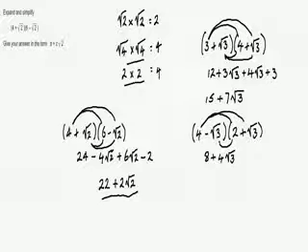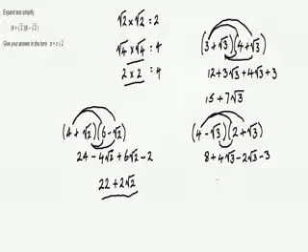So we've got a minus times a plus, so that's a minus, and then root 3 times 2 is 2 root 3s. And then we've got minus root 3 times plus root 3. So a minus times a plus is a minus, and root 3 times root 3 is just 3.